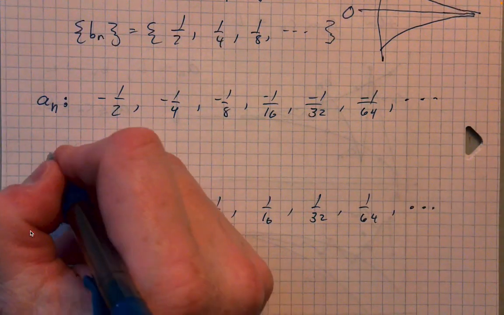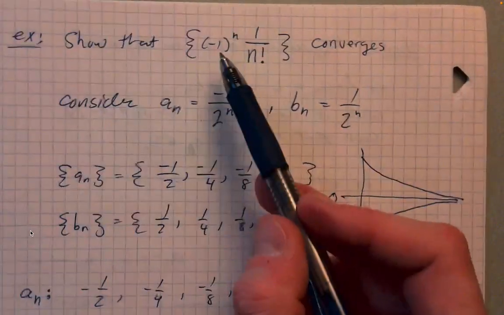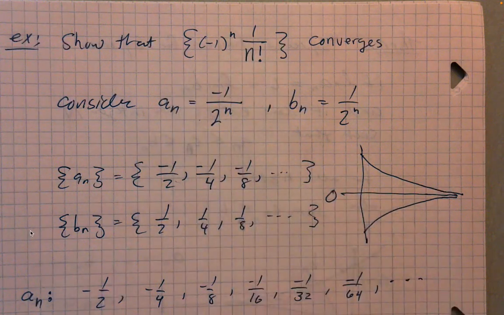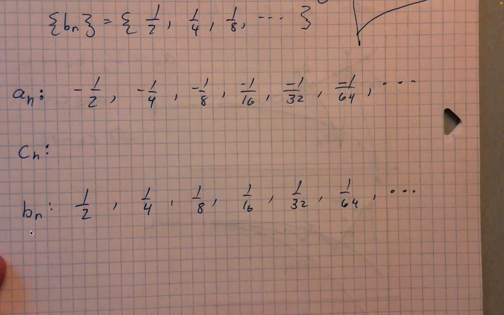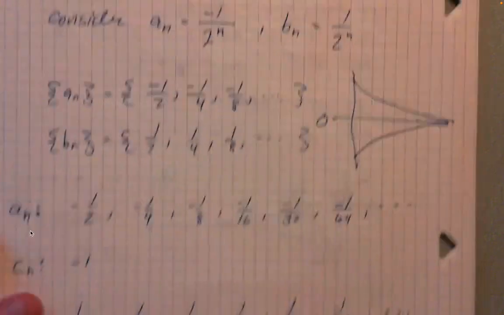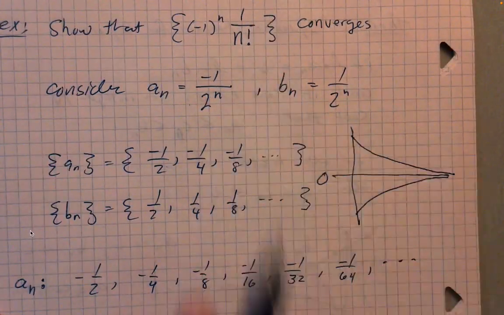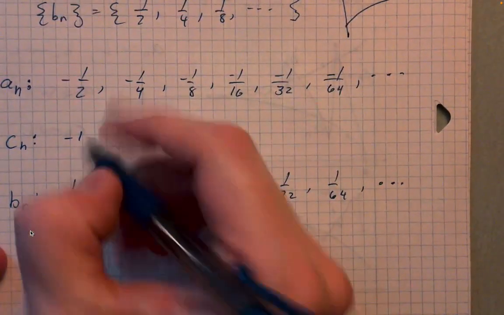And then let's look at c of n. What is c of n in the middle here? Well, it's going to be positive or negative depending on n. When n is 1, it's negative. When n is 2, it's positive. So it kind of oscillates. Let's see what this looks like. The first term would be negative 1 times 1 over 1 factorial, so negative 1.